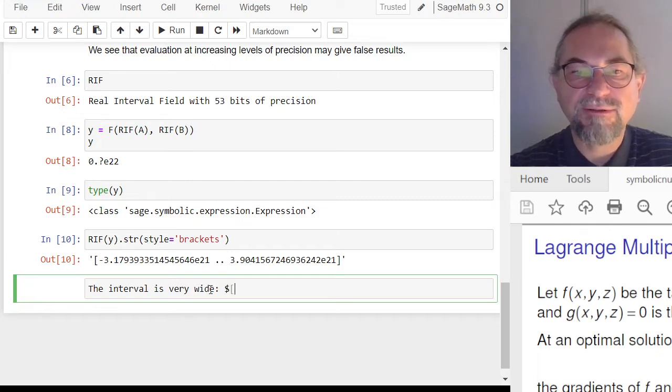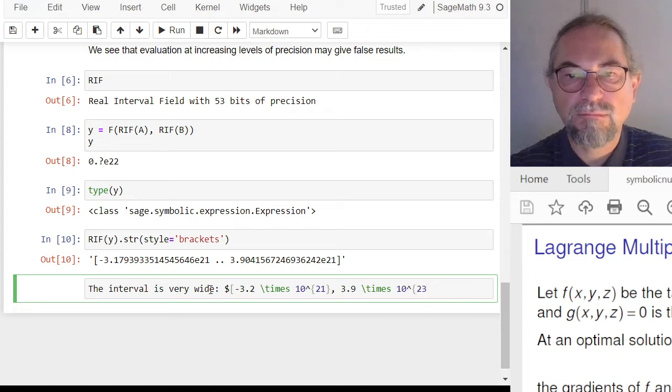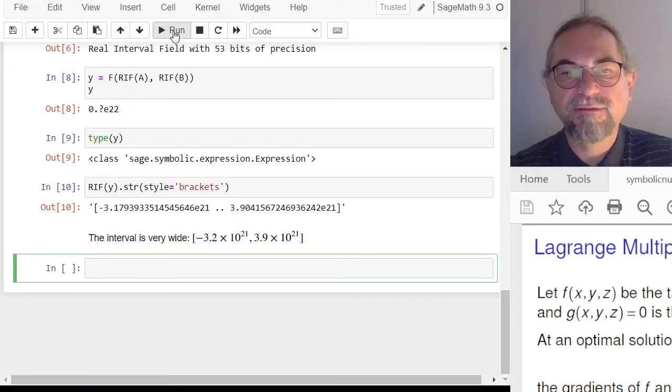So let me typeset it in LaTeX to have the scientific notation. So this is an interval between negative 10 to the power 21 and plus 10 to the power 21.